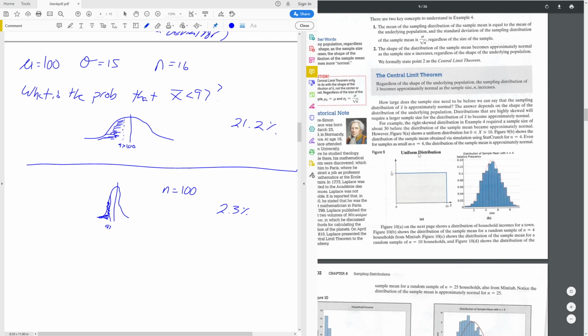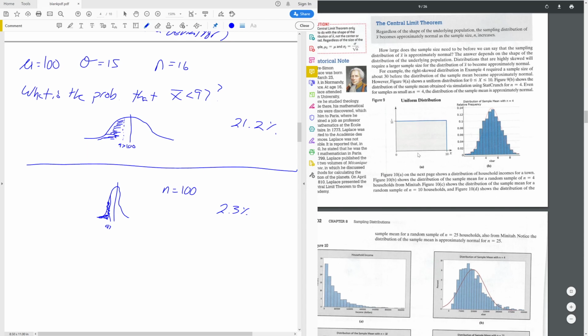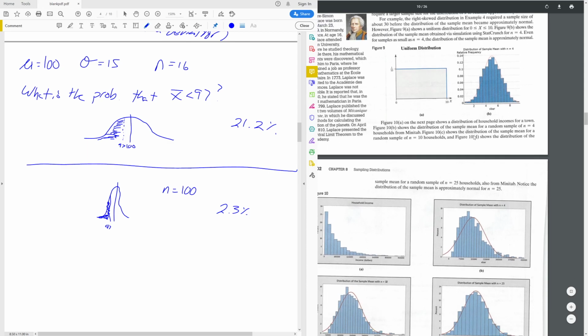It talks about the fact that it doesn't matter what the population distribution looks like, the sample mean distribution will always approach a normal distribution. So it can be a uniform distribution, but when we take sample distributions, we get a normal distribution.